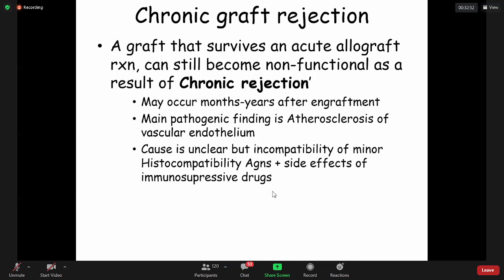The cause is unclear, but incompatibility of minor histocompatibility antigens and side effects of immunosuppressive therapy are said to play a role. And the main pathogenic finding in these people is basically atherosclerosis. The vessels get occluded, and eventually there is no blood supply to the donor organ, and it basically just gives way and dies.